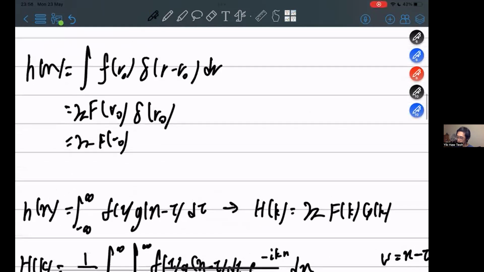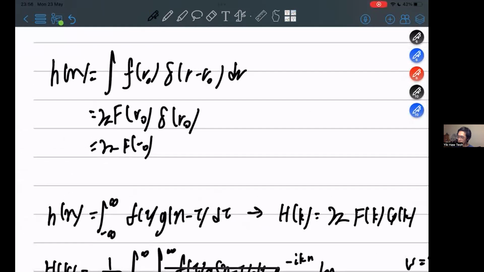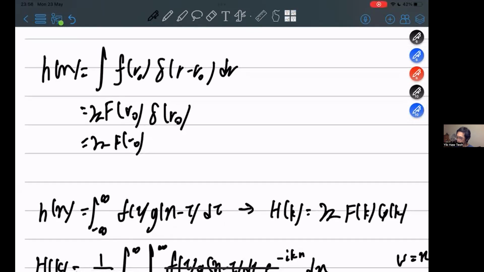One example here is the Dirac delta function, which would be h of x equal to the integral of f of r null times the Dirac delta function of r minus r null, dr. Then we apply the convolution theorem here, 2 pi f of k g of k, and we get 2 pi f of r null delta of r null. Because the delta of r null is equal to 1 at that point, just multiplying by 1, the answer will be 2 pi f of r null.